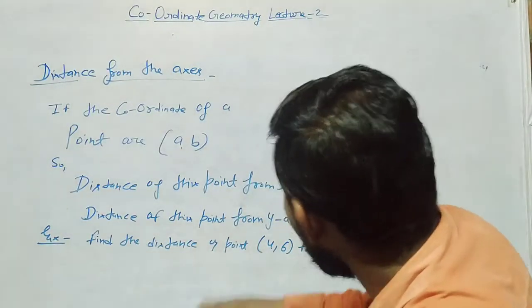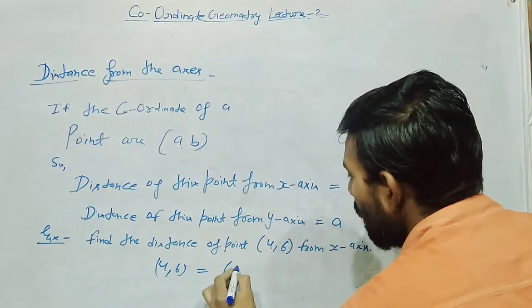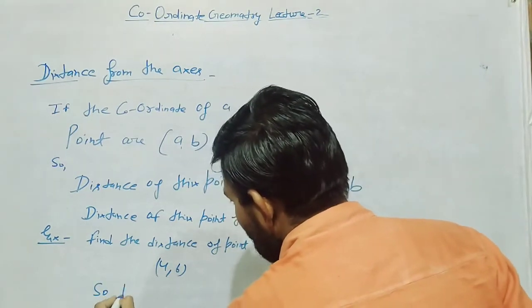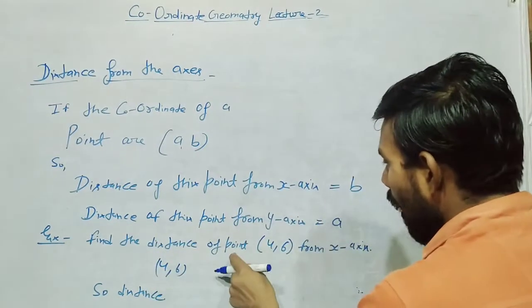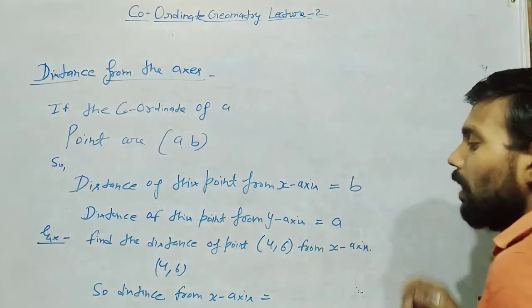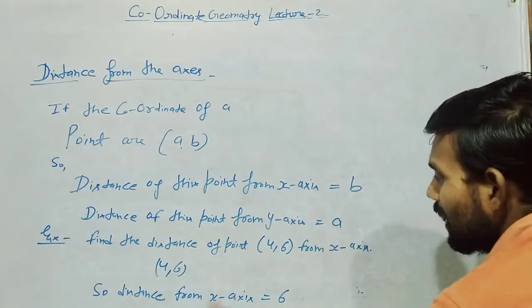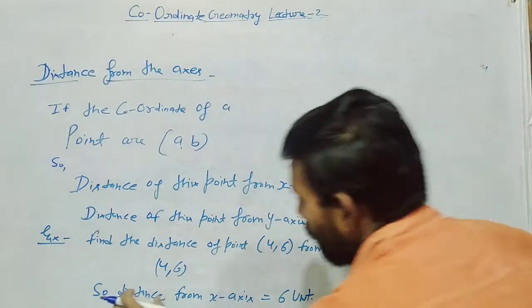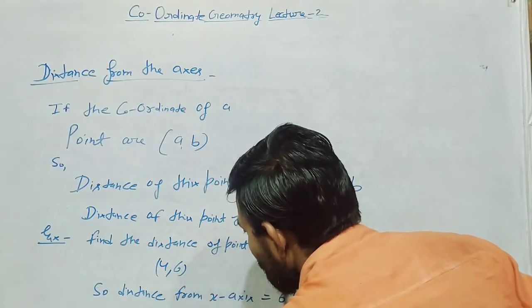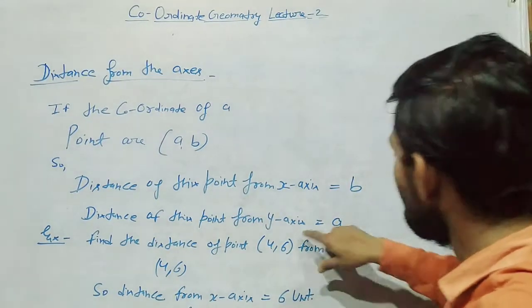Here (4, 6) is compared with (a, b). The distance of a point from the x axis is b, and here b is 6, so the distance is 6 units. The distance from the y axis is a, and a is 4.